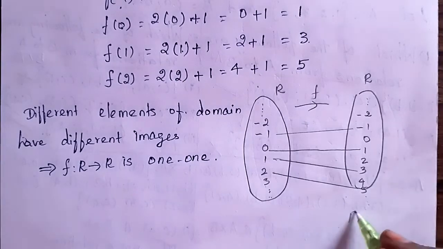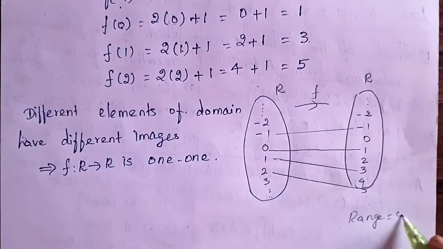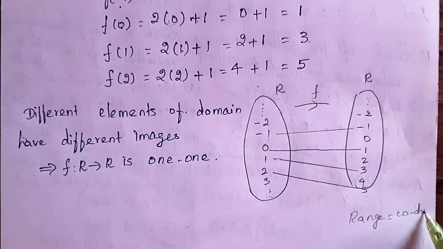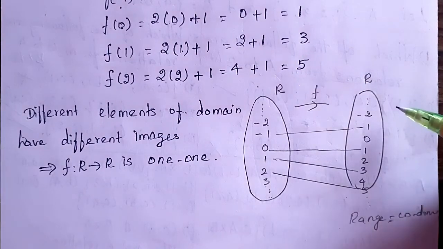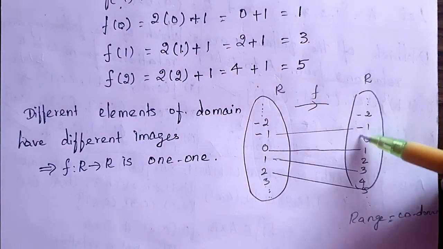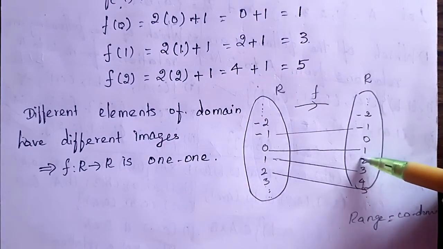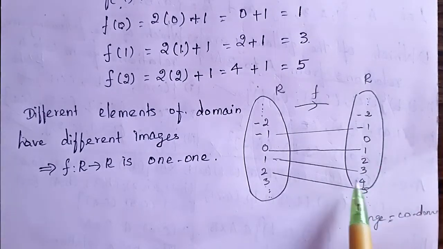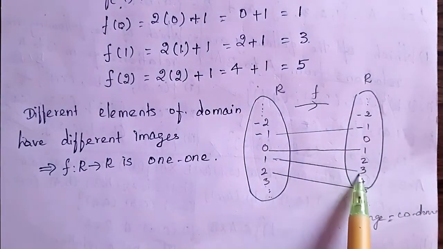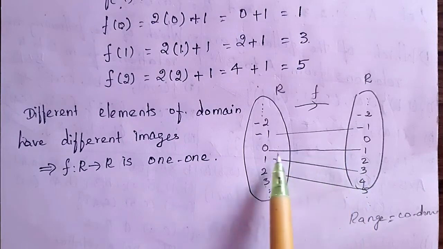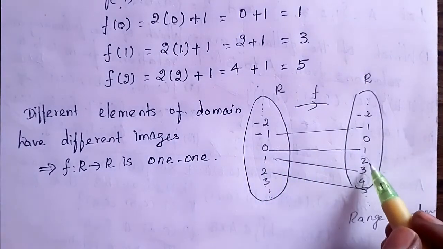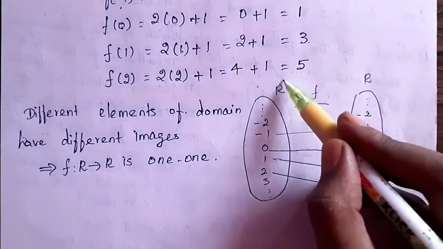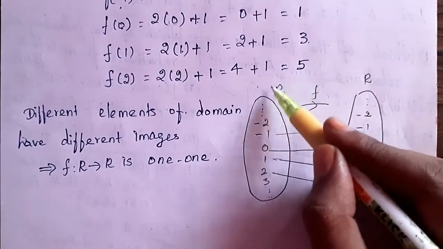Onto meaning the range should be equal to the codomain. That is the onto formula. But look at this. When you see this 0, 3, 4, you may think these numbers don't have pre-image. Already I told you, R means all, it contains all numbers.